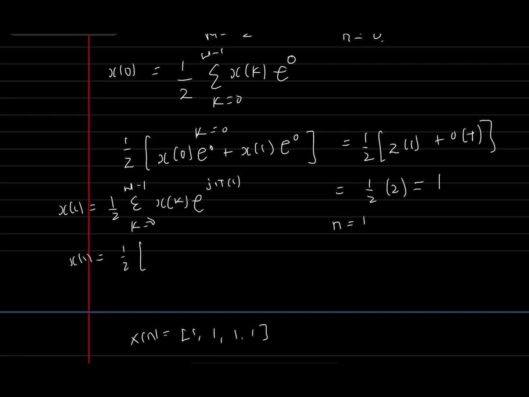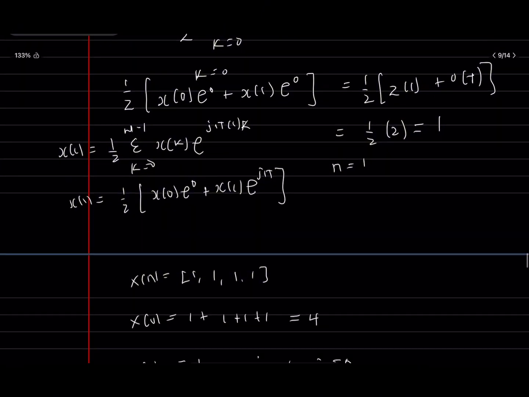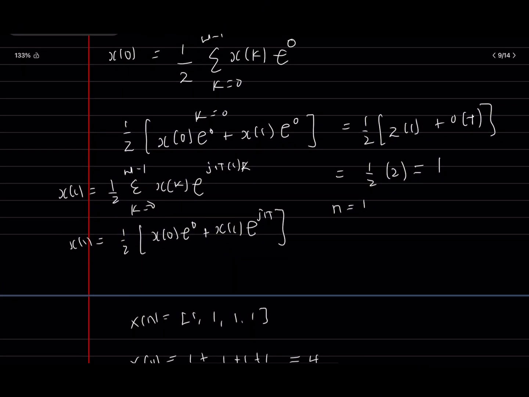So for k equal to 0, we get X of 0 exponent 0, plus for k equal to 1, we get X of 1 exponent j pi, and when you do exponent j pi, you get minus 1 in magnitude terms of 1.